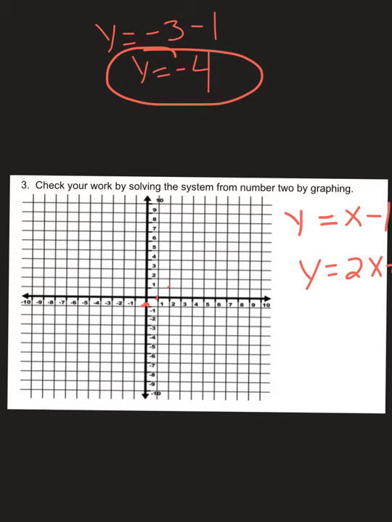Let's go ahead and do that. And boom, we have one line. And then we're going to need to make another line, and when we do that, we're going to grab a different color. And we're going to have y equals 2x plus 2. So we're going to go up 2 and over 1, up 2 and over 1.